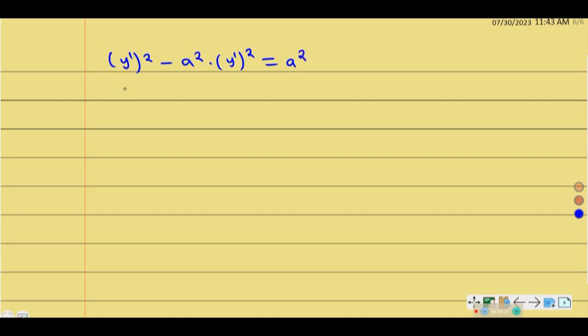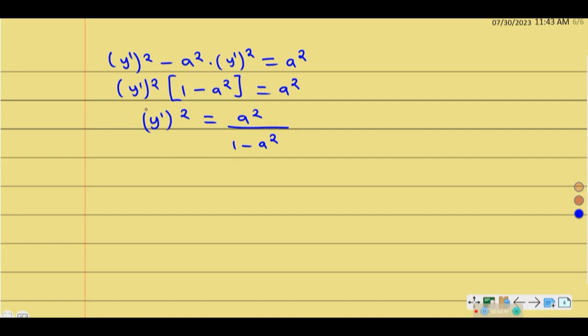So let us rearrange this. There is a common factor here, which is y' squared. So y' squared into 1 minus a squared is equal to a squared. We want to make y' the subject, so y' squared will simply be equal to a squared over 1 minus a squared.